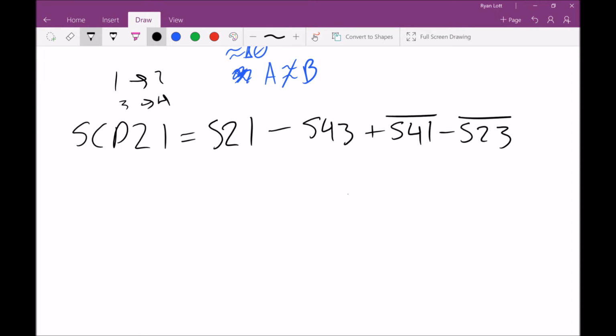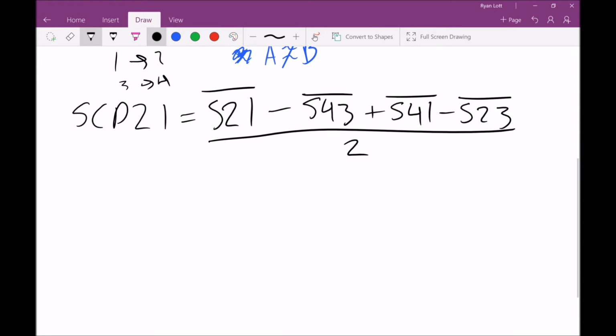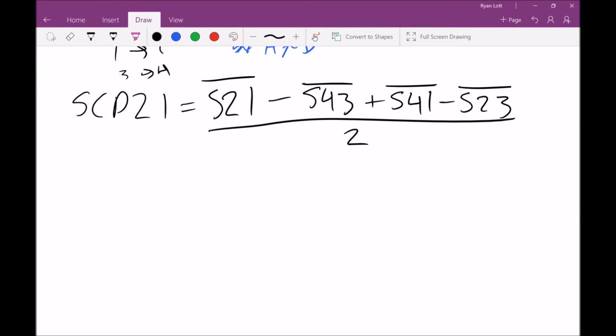Remember, these are phasors, so they have a magnitude and phase. All the components divided by 2. So what exactly is that? This is a function of omega, and all of these here are also a function of omega, or frequency, whichever you decide to use.